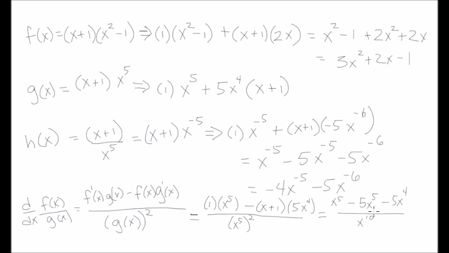Now remember that when you're dividing, you're going to subtract the exponents. So in the end, my expression ends up being, this first term is negative 4x to the 5th divided by x to the 10th, which becomes negative 4x to the negative 5th.